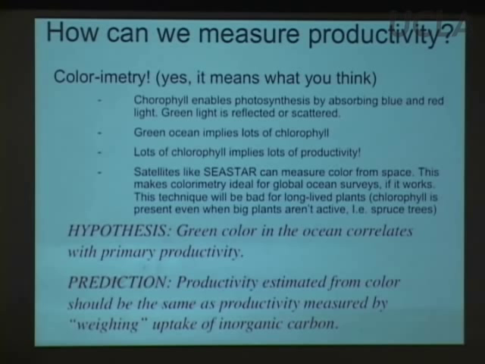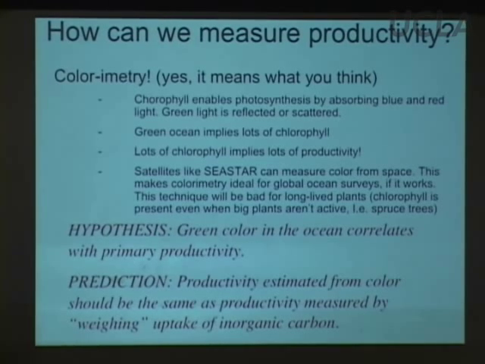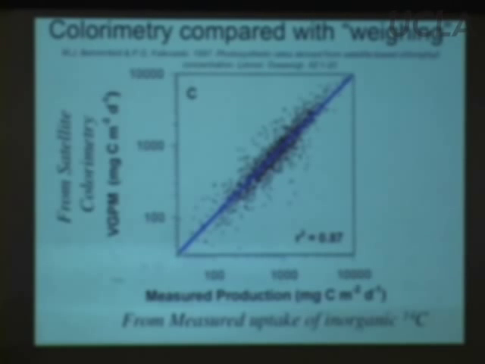Is the greenness, the productivity inferred from a satellite, correlated with the amount of photosynthesis you actually measure on the ground by getting your hands into the water? And if you do that cross-check, this is what you see. In fact, this has been done, I think, more than once. This is just one particular figure.